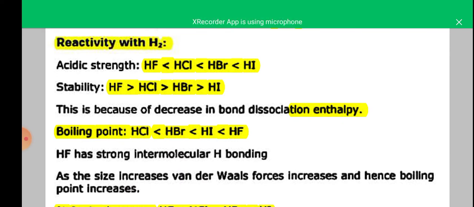So boiling point generally should decrease from HF to HI, but due to the presence of strong intermolecular hydrogen bonding in HF, boiling point of HF is maximum. So boiling point order is HCl less than HBr less than HI less than HF.